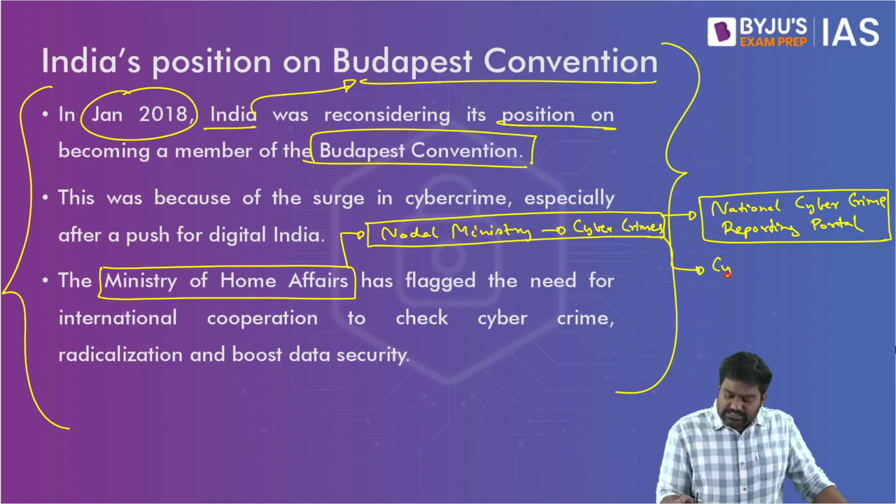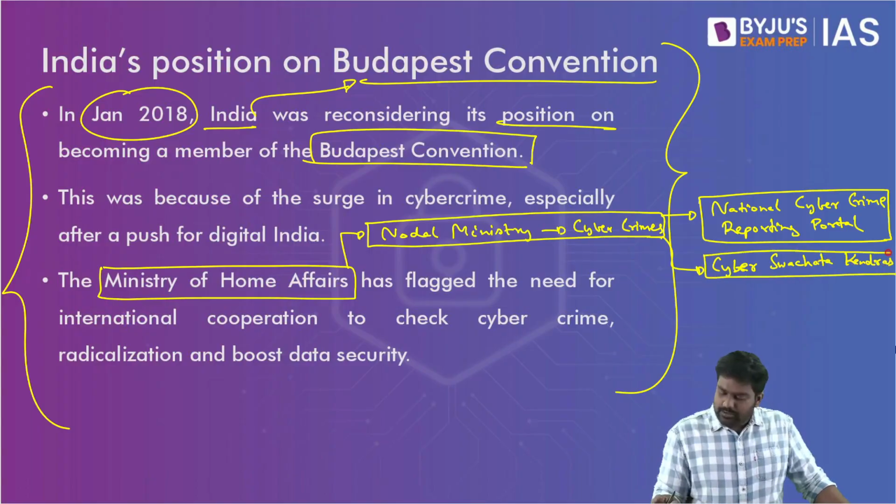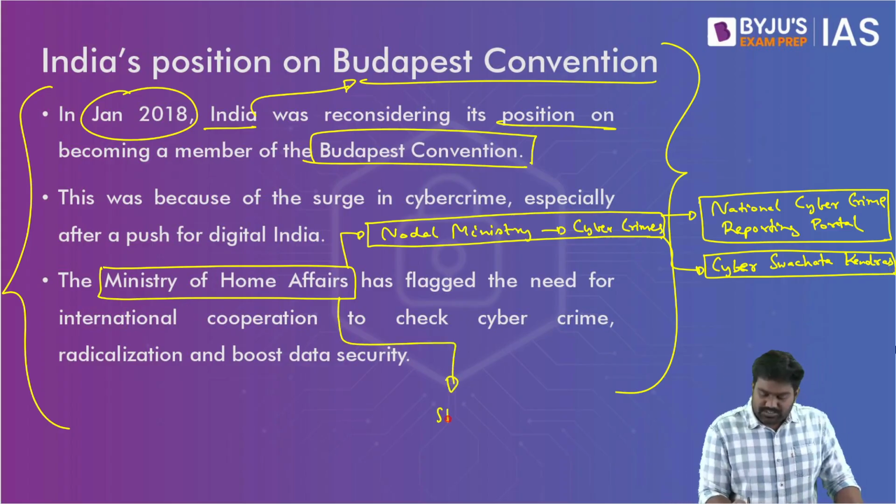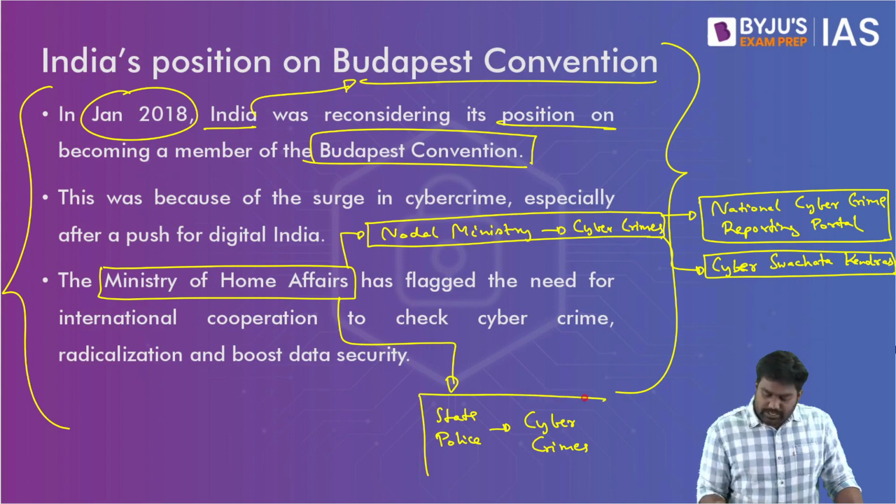It also runs the Cyber Swachhta Kendras to promote cyber safety. All right. So MHA coordinates with your state police, which is primarily responsible for dealing with cyber crimes. Right?